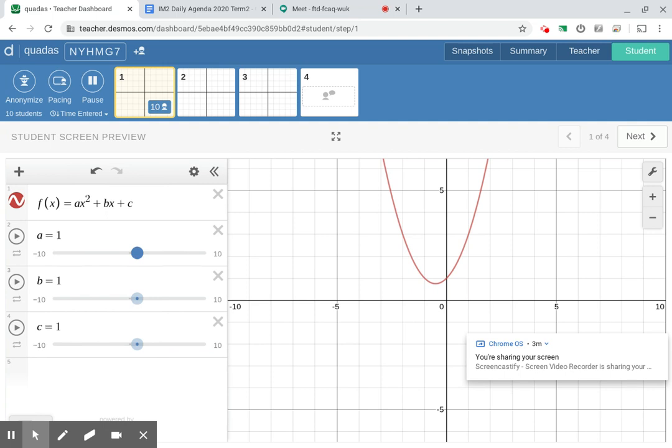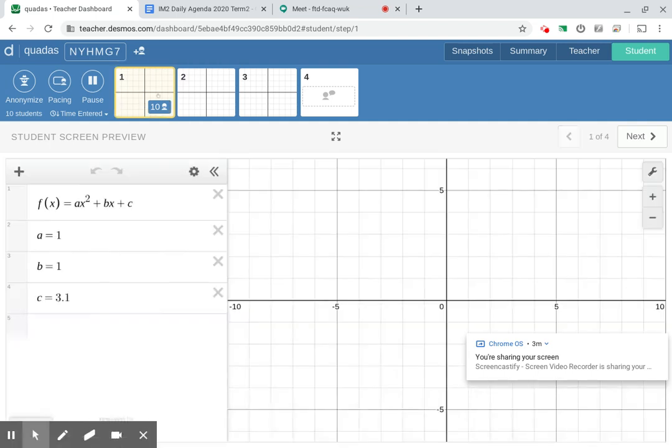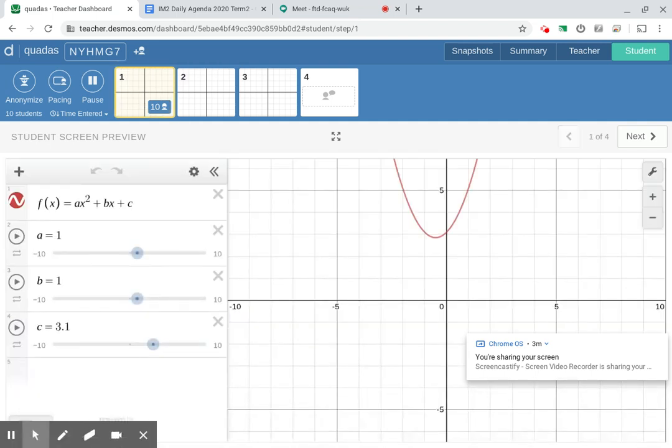And so let's test out what C does. Go ahead and move C up and down. What does C do? C is a representation of a number, like a constant, like plus this, plus that. What does C, the letter C, do to the graph? Does it move it left, right, up, down, wide, skinny? What does it do?